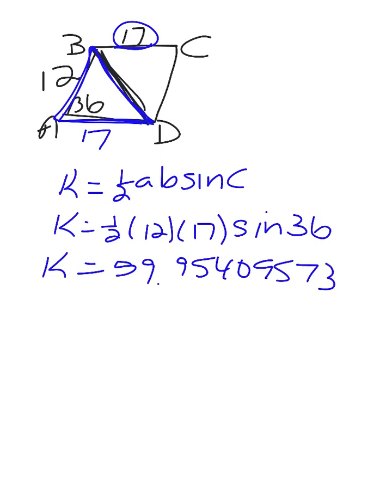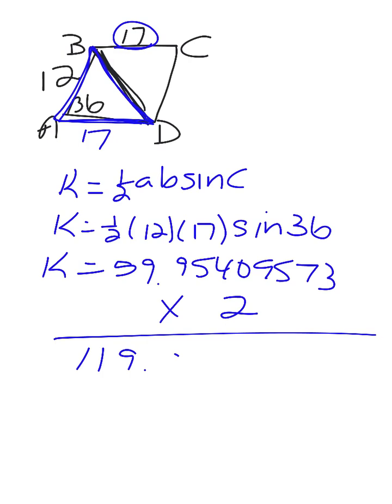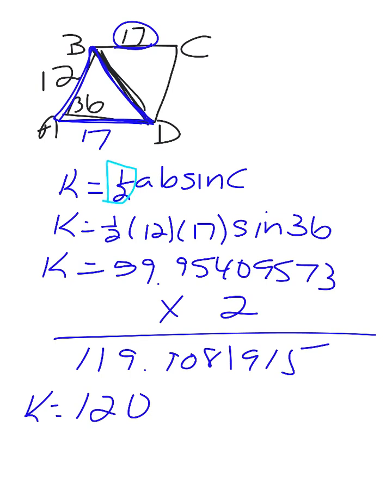That's for one triangle, so you have to multiply that by 2. So we get 119.9081915, and to the nearest integer the area is 120. If you don't use the half, that's fine. Then you just don't multiply by 2.